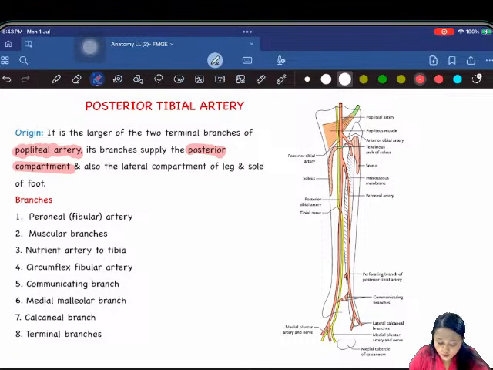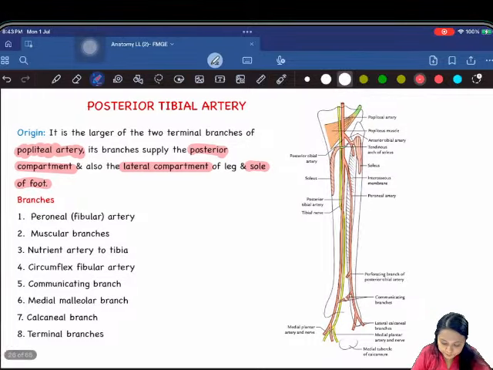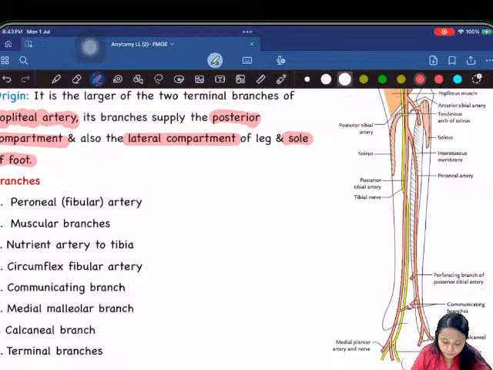Okay, and it is also supplying the lateral compartment. Now the lateral compartment का खुद का कोई blood supply नहीं है, so it gives the collateral from the posterior tibial artery. Okay, and it is also supplying the sole of the foot. So that's how it is very important. Now what are the branches of the posterior tibial artery?